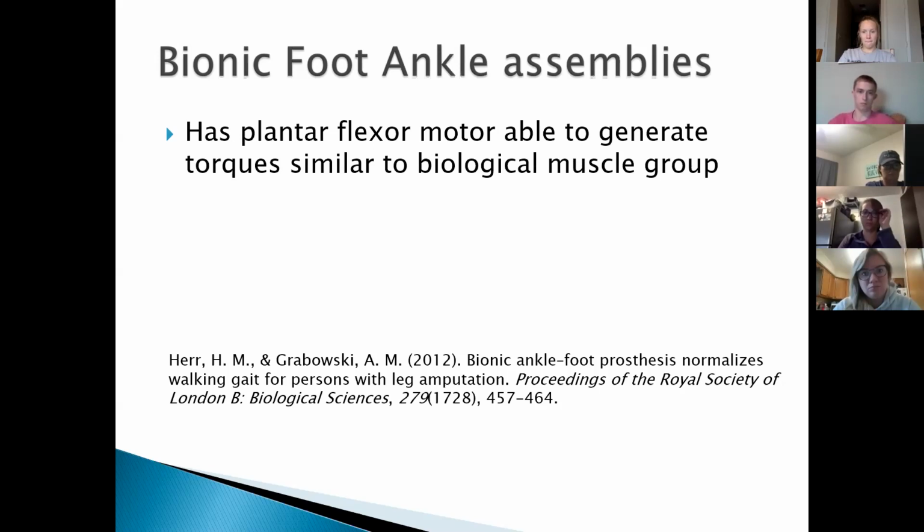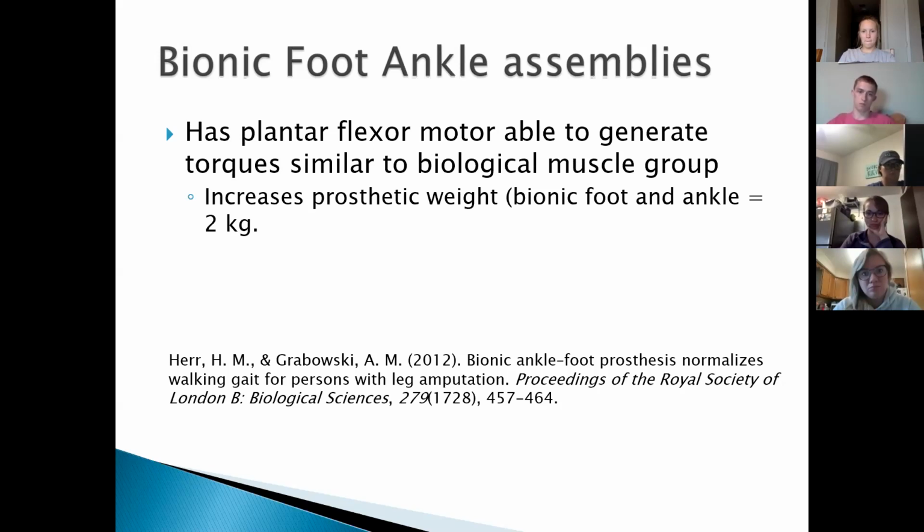So the bionic ankle has a plantar flexion motor that's able to generate torques similar to the plantar flexors. It is heavier than a torsional spring system like this, but it is about as heavy as your biological foot and ankle.